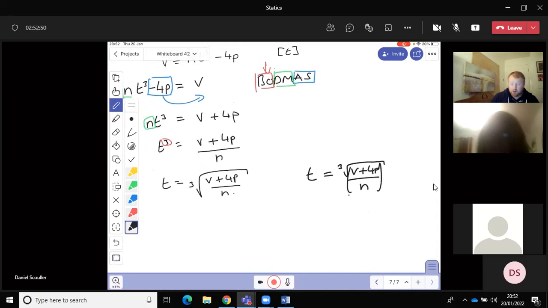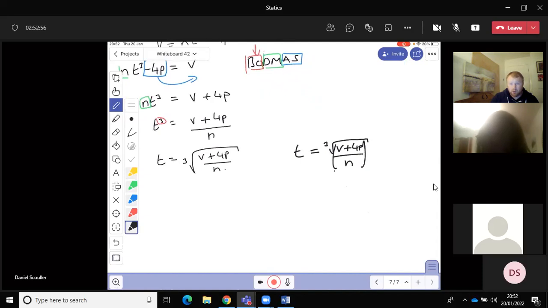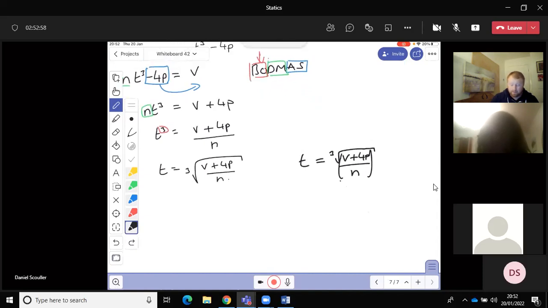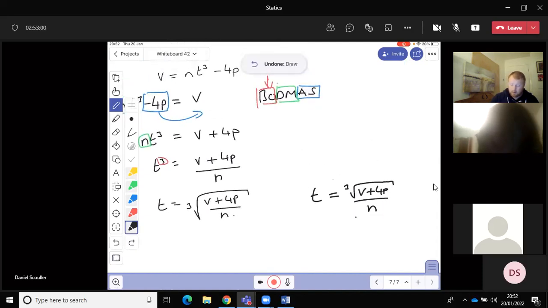It's not long enough. What that tells the marker is you're only cube rooting that top line. So just be very careful with that.